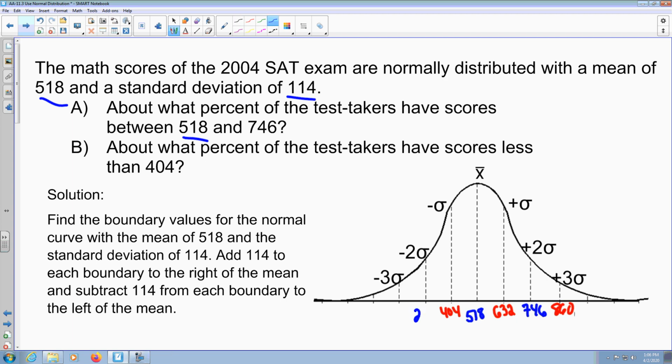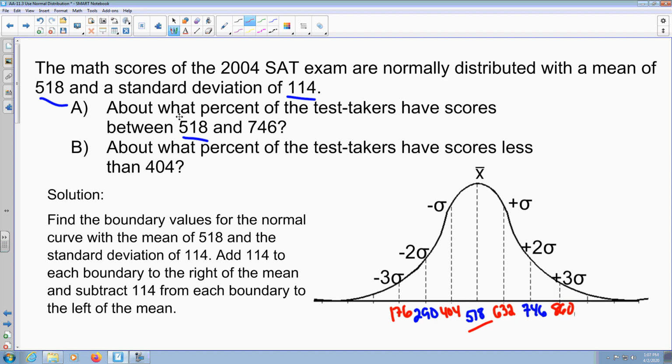Subtract that, you get 290. And then when you subtract that, you get 176. So again, you have your mean of 518, and then larger than the standard deviation and smaller with the standard deviation of those means. So the first question is they wanted you to find scores between 518 and 746.